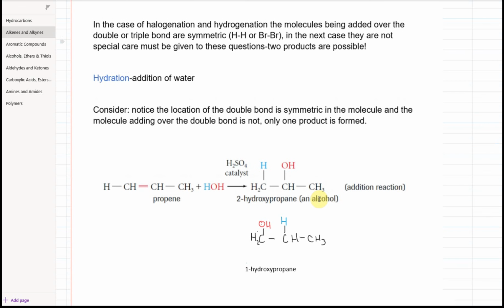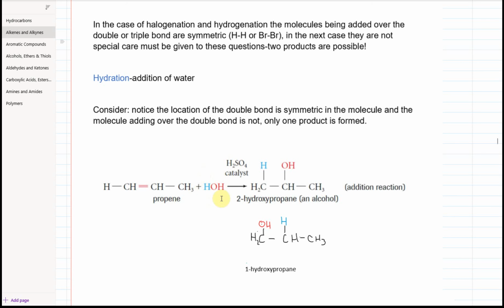Okay, so let's consider that the OH could actually add opposite. You could have the OH on the first carbon and the hydrogen on the second. So these are 2 separate potential products. And this is what happens under these very specified conditions. You have an asymmetric placement of a double bond, and the reactant that's adding over the double bond is also asymmetric.